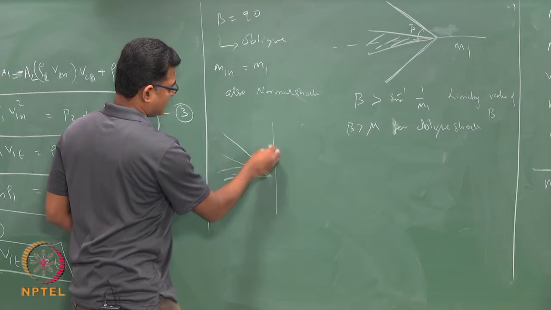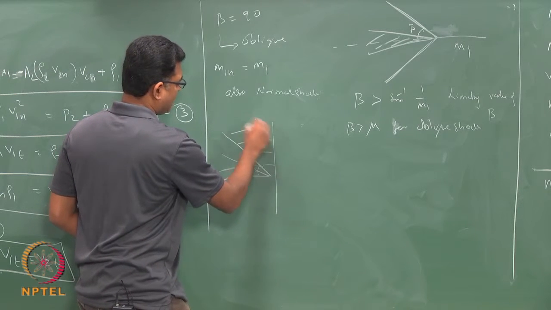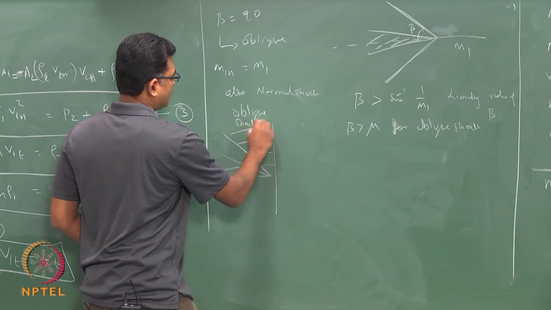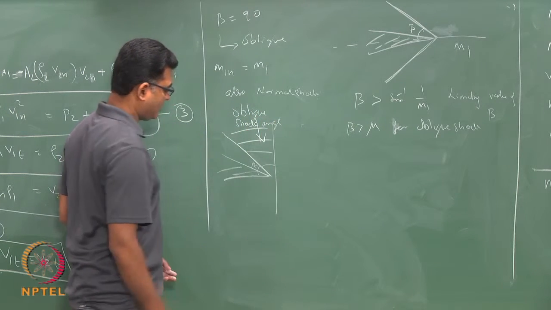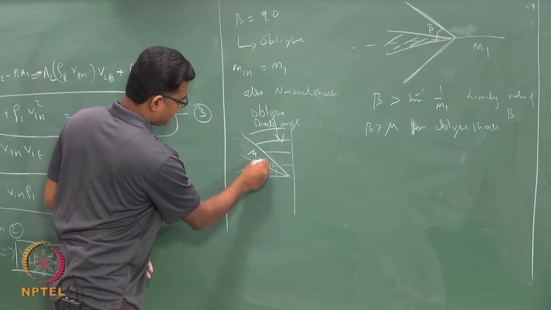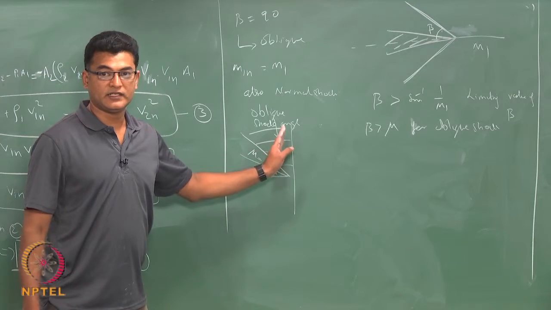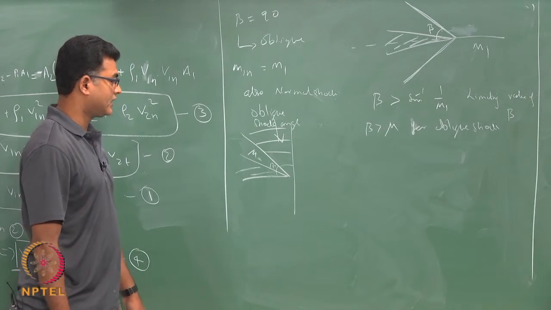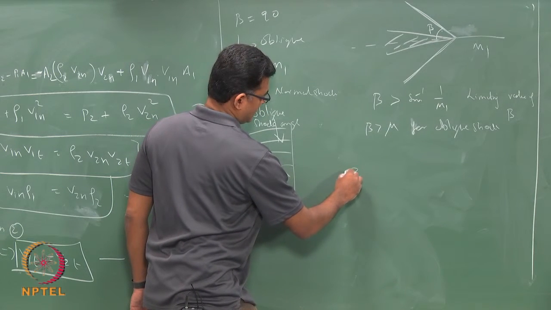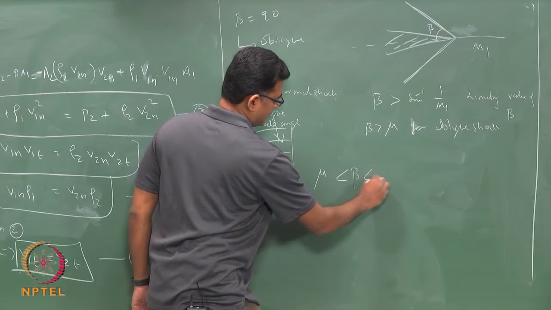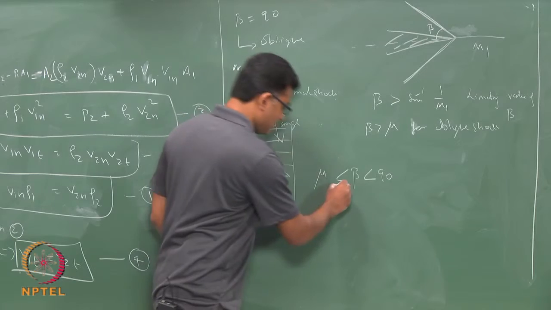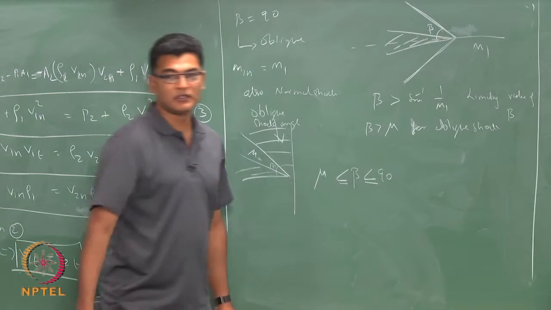In between this region is my oblique shock angle. So, it has to be greater than mu and less than 90 degrees, or greater than or equal to this.